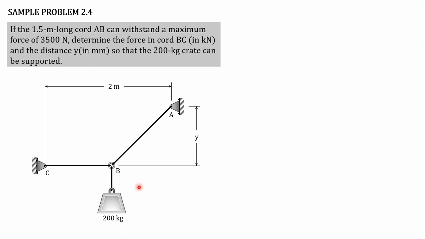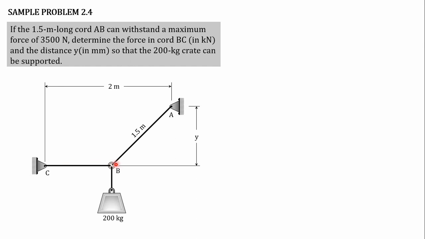The length of cord AB is 1.5 meter. Now I will isolate point B and draw a free body diagram, drawing all the forces acting at point B.